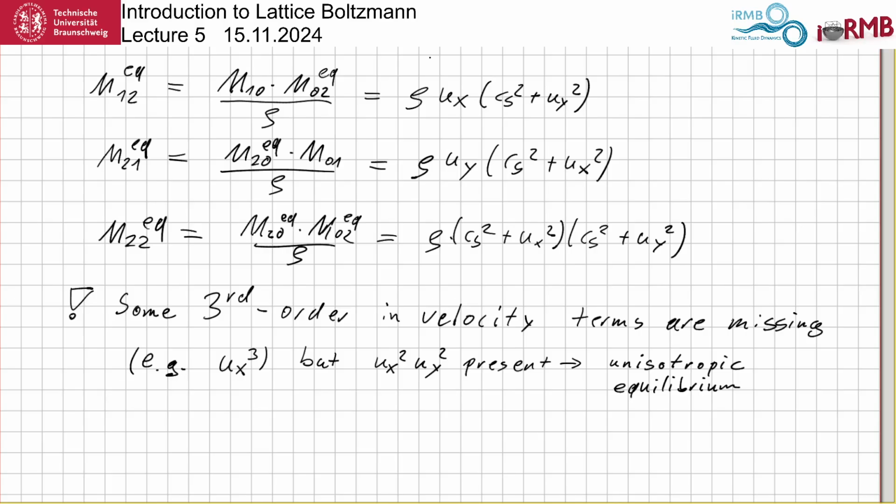I'm saying this because I had lots of discussion with Pierre Lallemand. Pierre Lallemand is one of the guys who more or less invented the Lattice Boltzmann method. I was asking why he's using only terms to second order, and he agreed that this here is the more stable thing, but this leads to an anisotropic equilibrium because we have these missing parts, and he prefers to have an isotropic equilibrium.